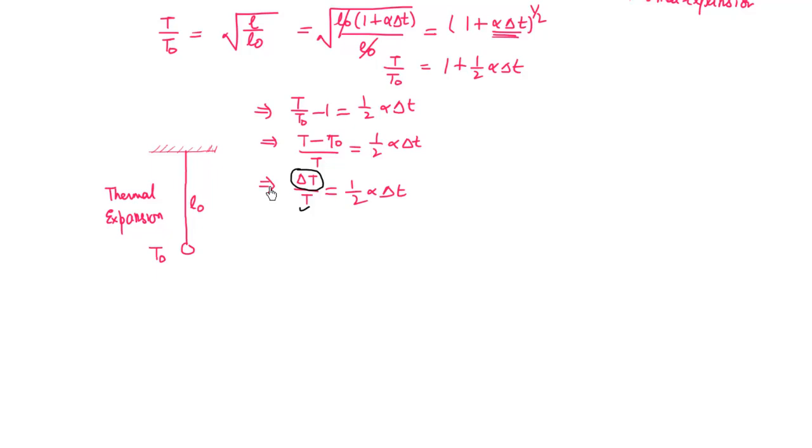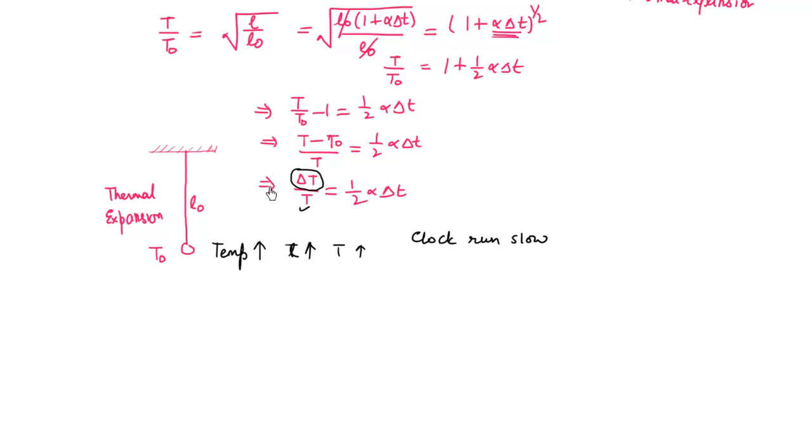When temperature rises, length increases, so time period will be more. The clock runs slow because the time period is more, so it starts moving slowly.